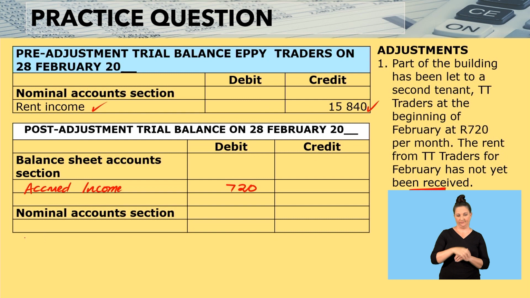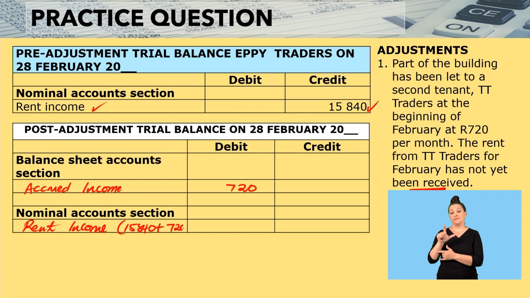It becomes 720. Under the nominal accounts section, we then say rent income. We had 15,840. However, there is 720 that was still to be received.